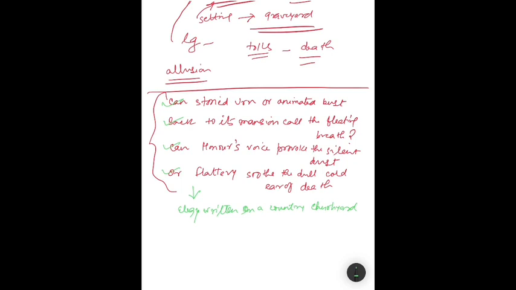Now, you see, look at these two lines. Can storied urn or animated bust back to its mansion call the fleeting breath? Then, can honor's voice provoke the silent dust, or flattery soothe the dull cold ear of death? As you know, this poem was written on the death of the common people.